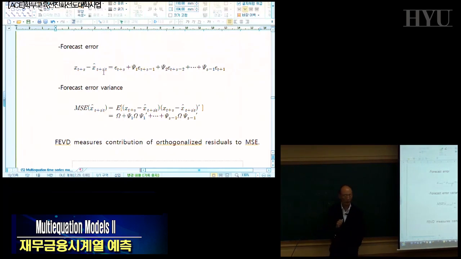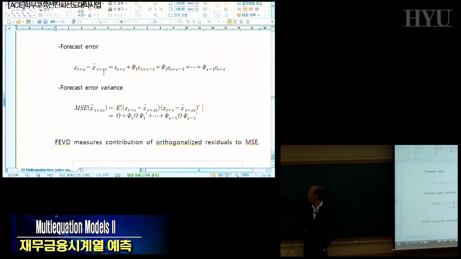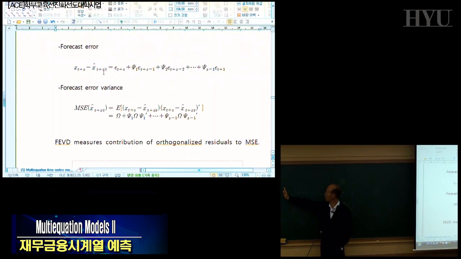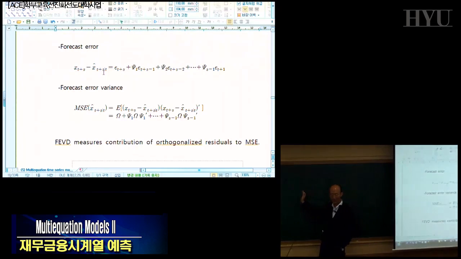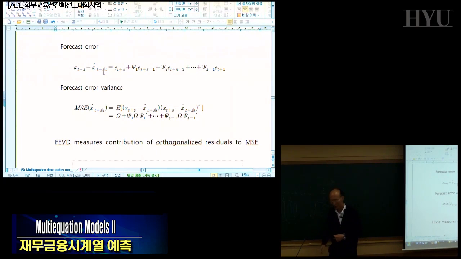And suppose somehow you can decompose that contribution, and suppose it turns out that the variation is mostly explained by itself, then we say that's something exogenous. So let me show you this graph first.